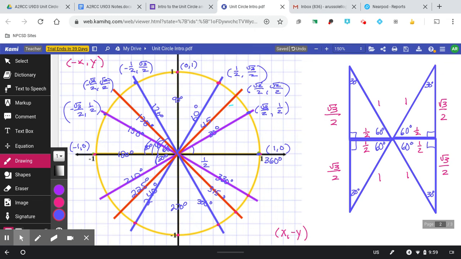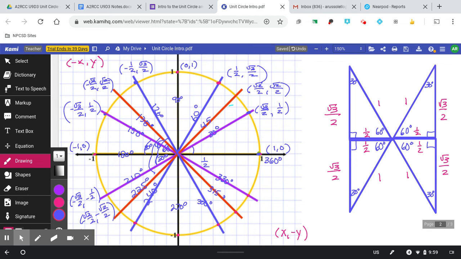So as we go around, this again over here for 210 is a 30-degree. So 30-degree reference angles are going to have the same coordinates, and it's going to be both negative. So those are the coordinates there. 225 would have a 45-degree reference angle. So that's radical 2 over 2, but they're negative. Radical 2 over 2.